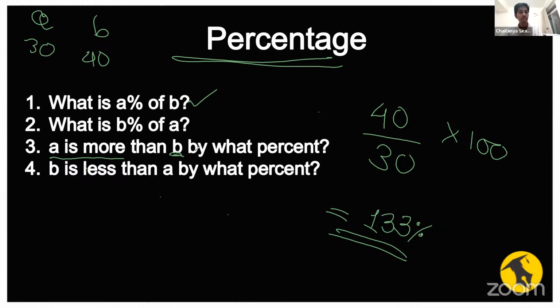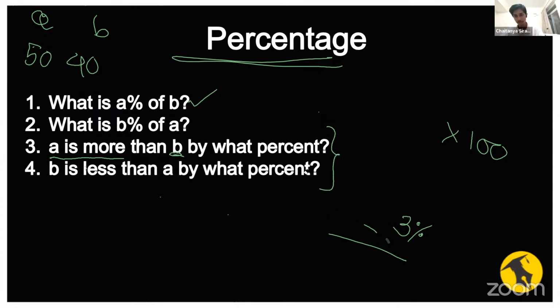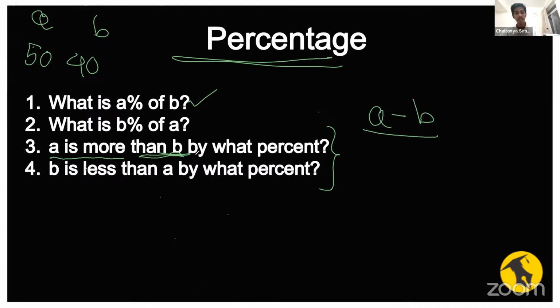Let's change values so that A is more than B. Let me keep A as 50 and B as 40 for part C and D. So A is more than B by what percentage? You take the difference first, so you do A minus B upon B. You divide by B.